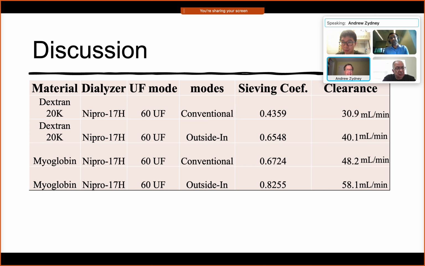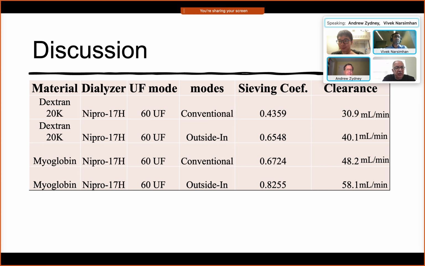Again, it really comes down to what the study is and what you're trying to show in a publication. But there is a relationship, you can't just take the sieving coefficient and say, once I know the sieving coefficient, this is what the clearance is, because it is more complicated than that.